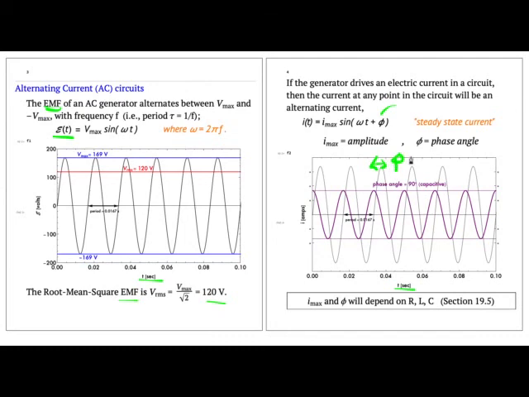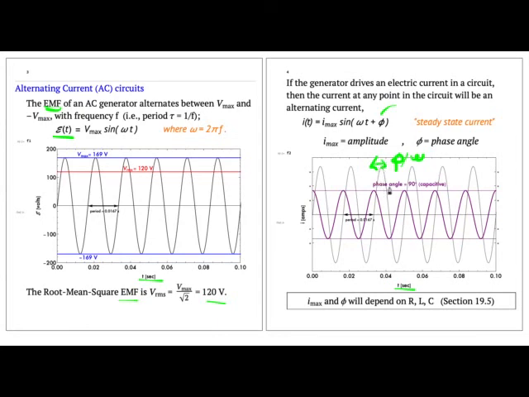Well, not exactly. In terms of time, that's phi divided by omega. So the phase angle in this graph is 90 degrees. In other words, the current and the voltage are 90 degrees out of phase.